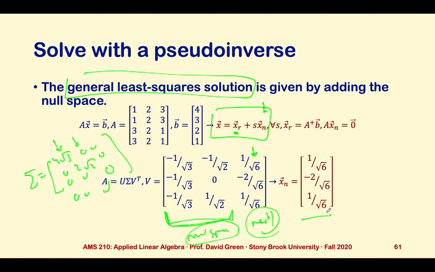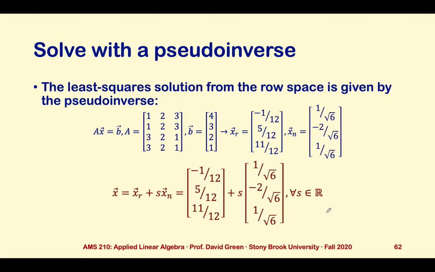It is sitting right in our decomposition. What does that mean? It means that we can just construct our general solution using the solution we found with the pseudo-inverse, and then adding in the null space piece. Our general least squares solution is our row space least squares solution plus any possible scalar multiple of a null space vector.